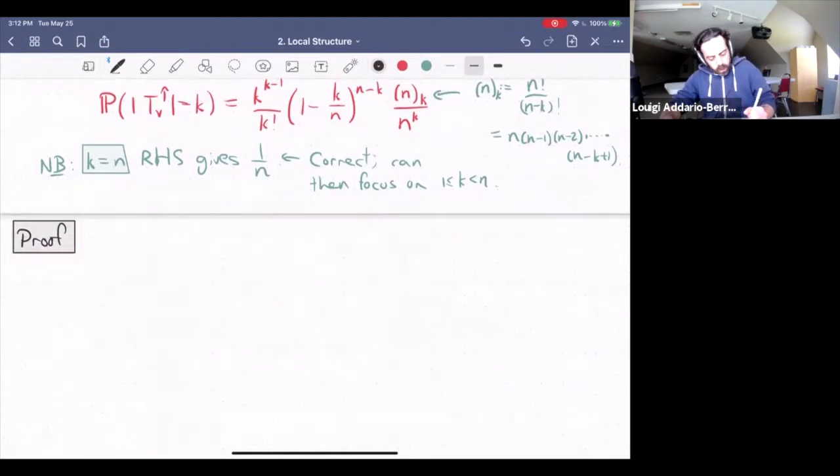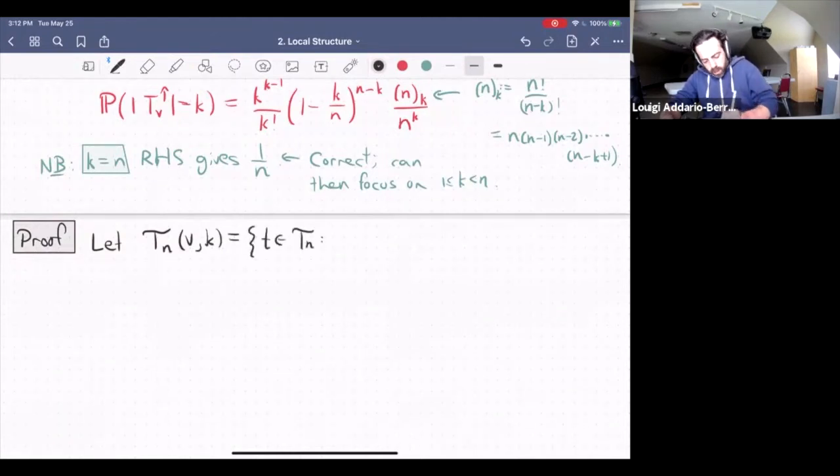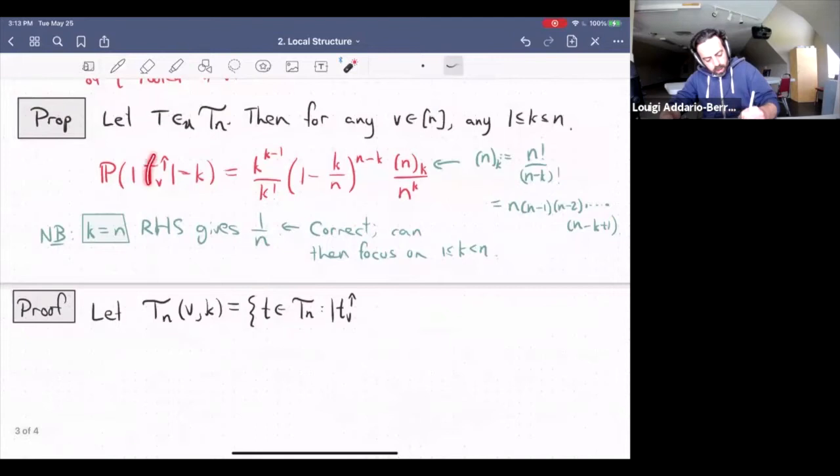So the way I'm going to approach this is very combinatorial. I'll just do some more counting, and I'm going to count the size of the set of trees in T_n with the property that the subtree rooted at this particular vertex v has size k. Remember, we're interested in the probability that the subtree rooted at a particular vertex has size k. So let's just count how many ways there are for that to happen.